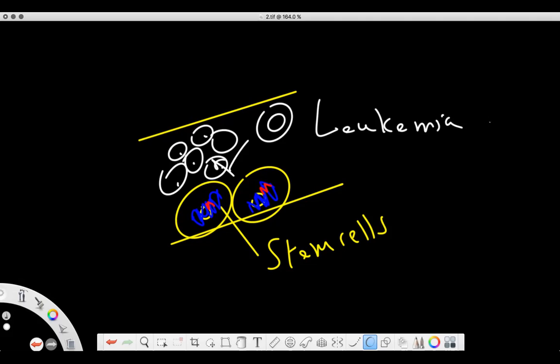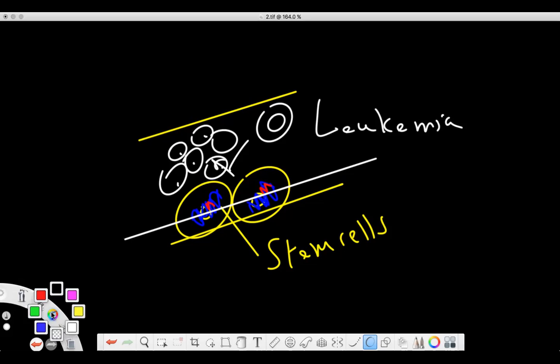Right, now how we can use stem cell therapy to treat leukemia is this. Okay, so we can find a solution. If you really want to find a good solution, we should completely remove these cells. We should remove these stem cells which have the mutation.